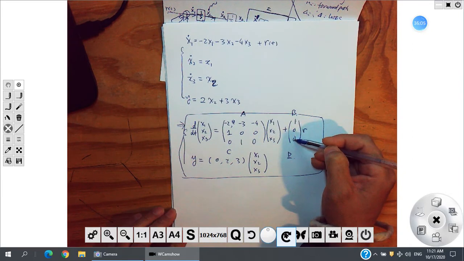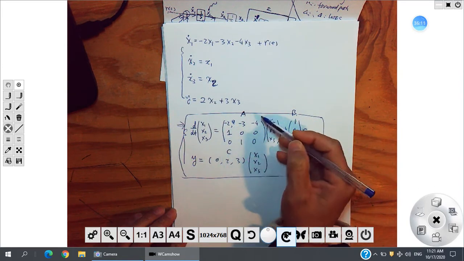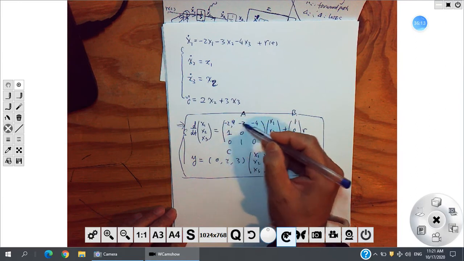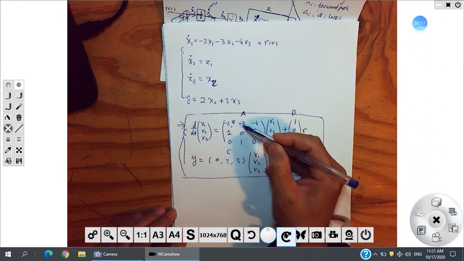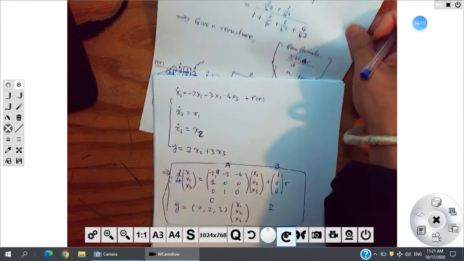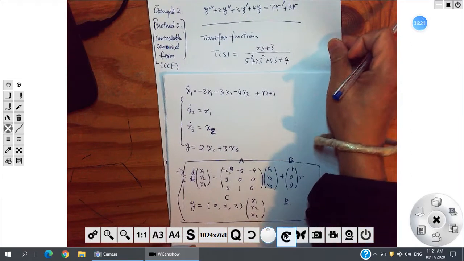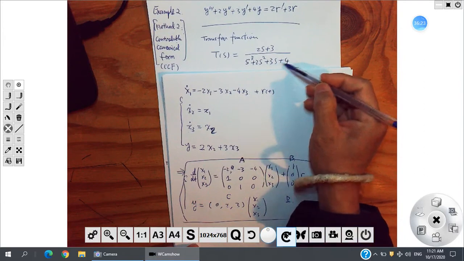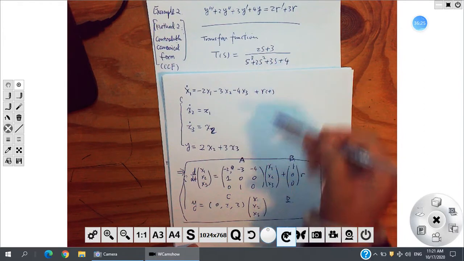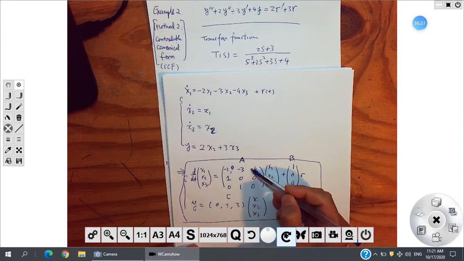Only the first element is 1, then all the rest are zeros. This is B. And for A, the first row, you have some numbers. These numbers are related to the transfer function. You see, this is 2, 3, 4. Here's a 2, 3, 4, but with a negative.